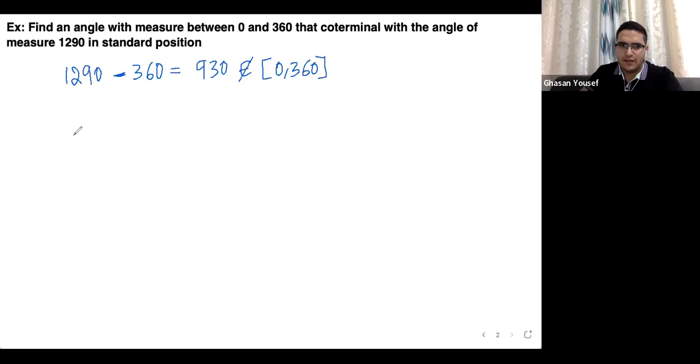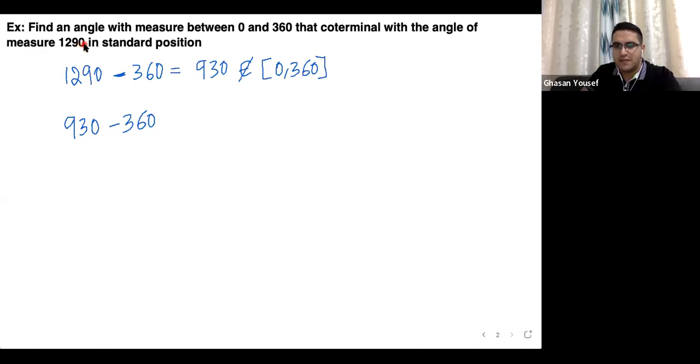So I get here 930 minus 360. Actually, again, this angle and this angle are coterminal, but this angle is not the answer for this example. Again, 930 and 1290 are coterminal angles.